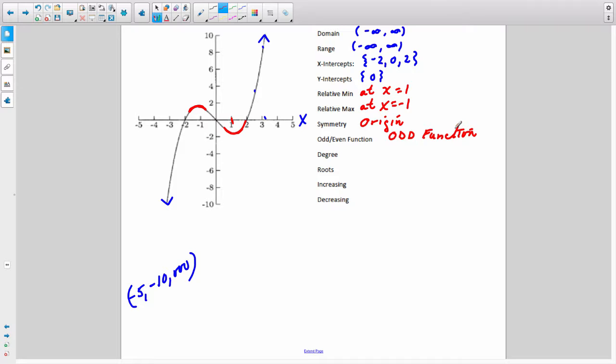How many real roots does this baby have? 1, 2, 3. 3. So I don't know if there's 3, if it's like x to the 3rd. I don't know if it's x to the 5th, and so on and so on. Because you never know how many imaginary roots there can be.